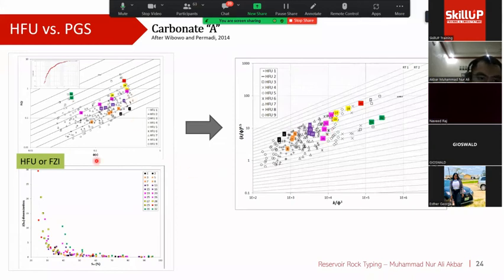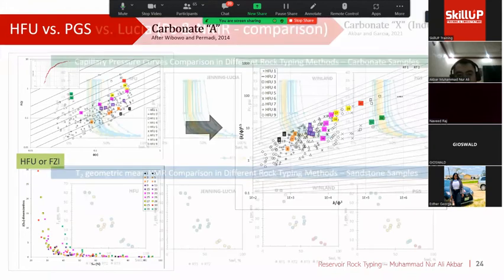That's why it makes overlapping in every rock type using hydraulic flow unit, because the range of the porosity in one group is really huge. Meanwhile, the capillary pressure itself is a function of the porosity, or let's say the pore throat radius, where this pore throat radius also has a connection with the porosity. So that's why having a hydraulic flow unit for the saturation model based on the capillary pressure will be worse, especially for carbonate reservoirs.